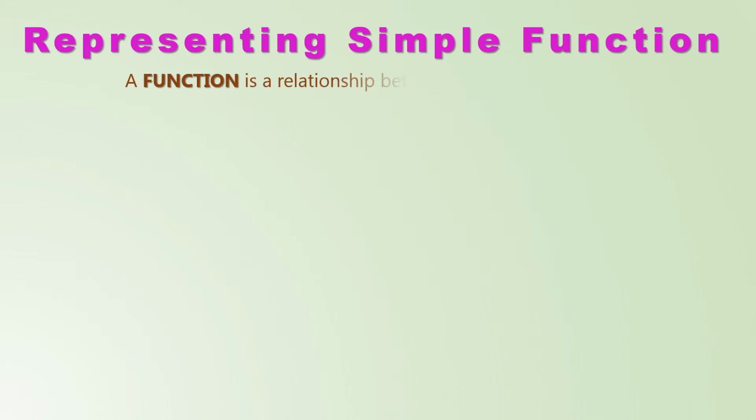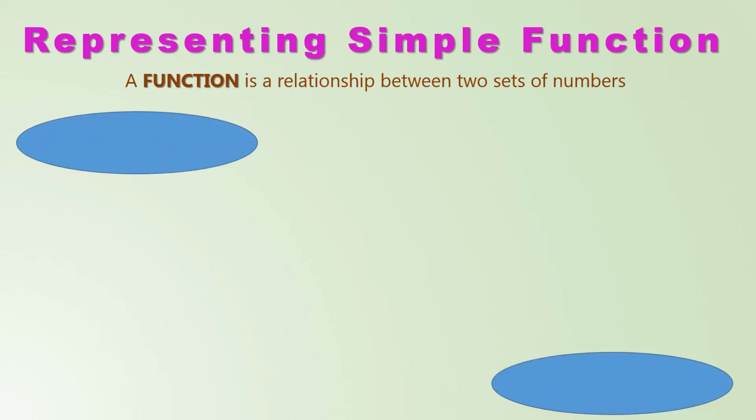Moving ahead in the video, our next topic is representing simple functions. First of all, what is a function? A function is a relationship between two sets of numbers. We can say a function is a relation between two different sequences.